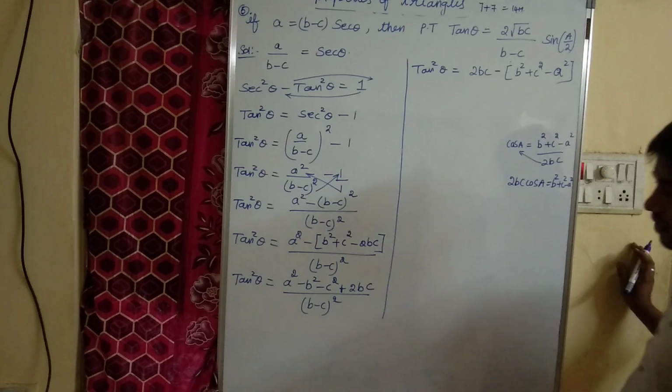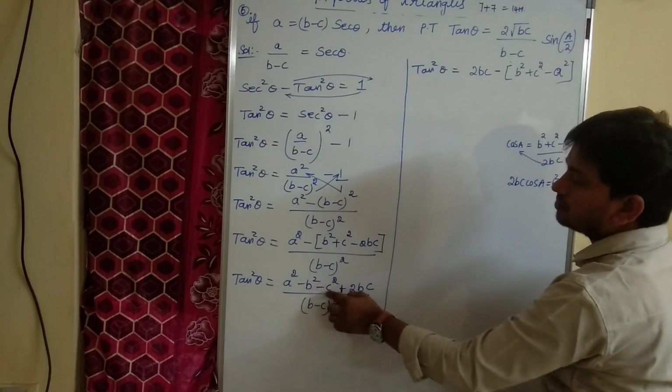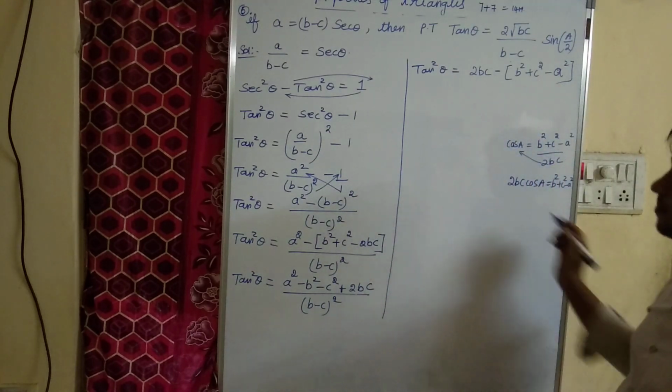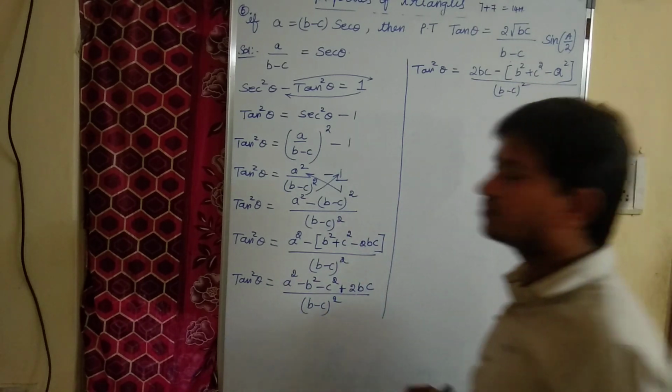That's all. What I did, I wrote 2bc first of all, then from these three terms I took minus common. This will become (b² + c² − a²)/(b − c)².